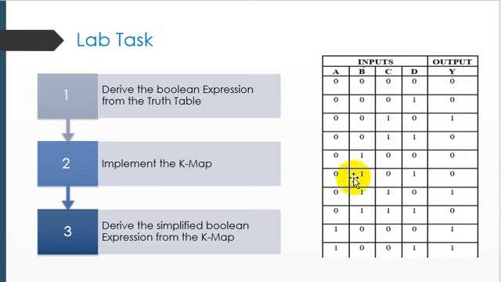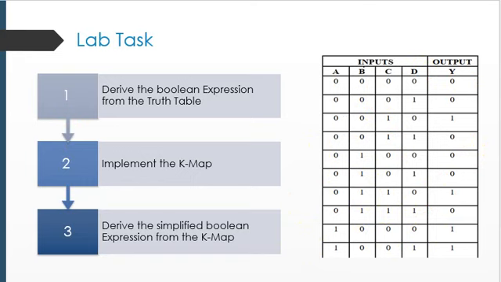Secondly, apply this truth table in the K-map. Definitely it's a 4 variable K-map because the truth table involves the 4 variables. And the last step is to derive the simplified Boolean expression from the K-map. The general steps I have already discussed in the two input variable case.